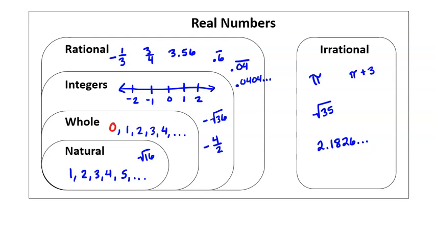And negative 2 is also an integer. So definitely make sure that you're simplifying before you go further. And that pretty much sums up our real number system and our rational and irrational numbers.